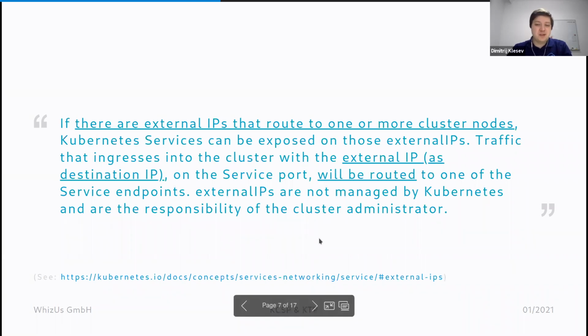If we look into the docs again, they have quite a good explanation about this section about external IPs. To summarize it in my own words and to try not to confuse you, well, we have some IPs, right, which are external. So like we have an IP 1, 2, 3, 4 we control. And it may happen that we can somehow route packets to this IP to our Kubernetes cluster.